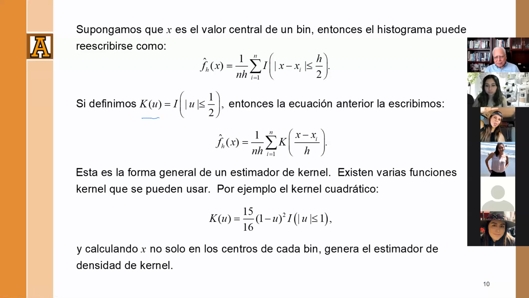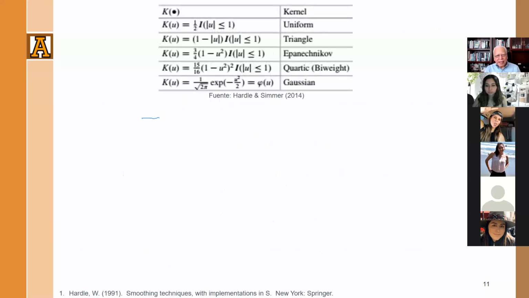We can calculate it not only at the center of the interval, but all over the interval.